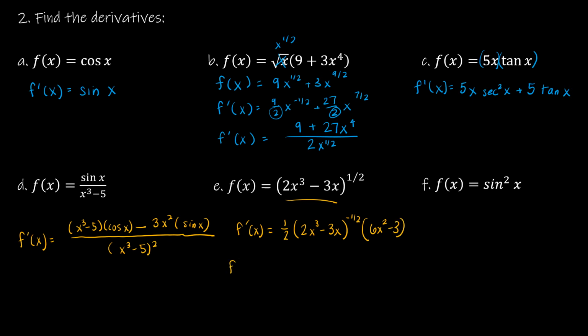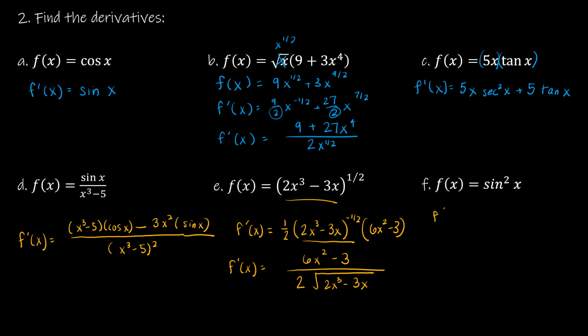And then for this one, we are going to do a little bit of cleanup because we've got a fraction. So we've got the 2 in the denominator, and we also have all of this. So I've got the square root of 2x cubed minus 3x. And in the numerator, I would have 6x squared minus 3. Whether or not you factor out that 3 in the numerator, I don't care.